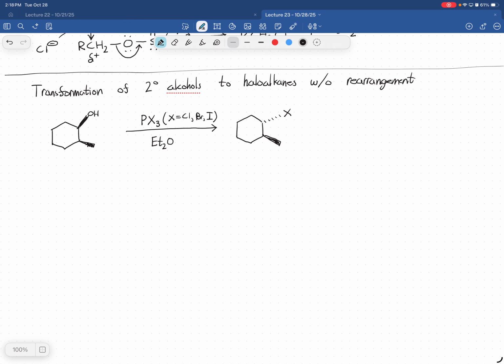So let's explain how this works. The mechanism is very similar to thionyl chloride. One thing I want to get across is these patterns of reactivity: if you understand how one works, you can understand the rest.